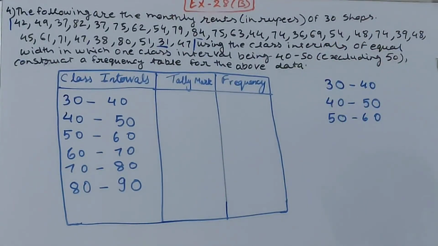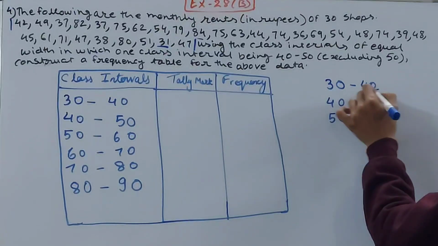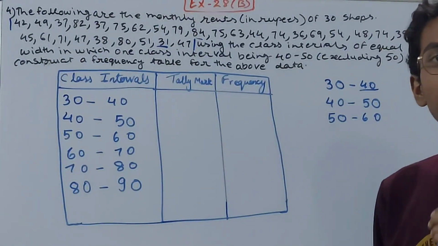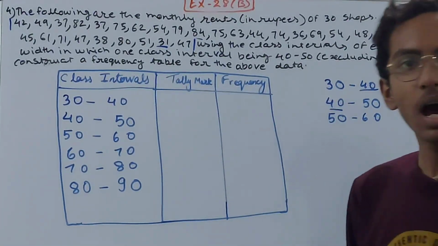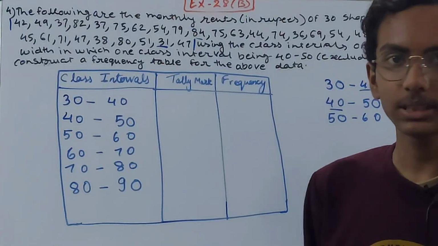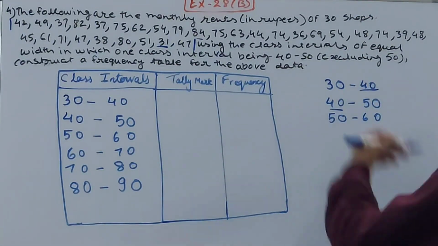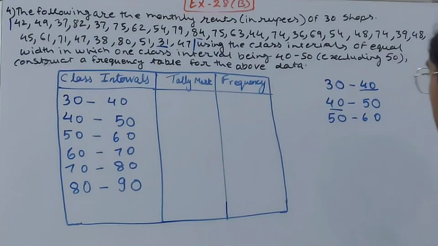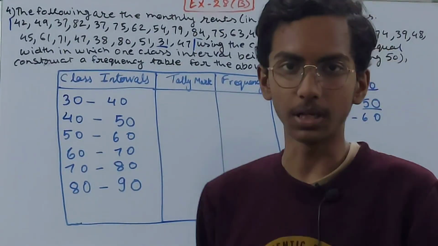You can see here that the upper limit of one class matches with the lower limit of the next class. The upper limit here, 40, matches with the lower limit in the next class, 40. Similarly, 50 in this class matches with the lower limit in the next class, 50.